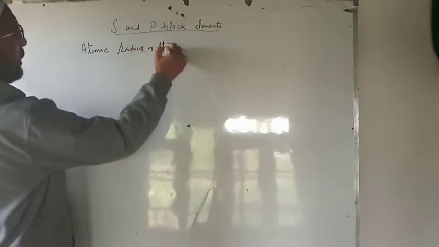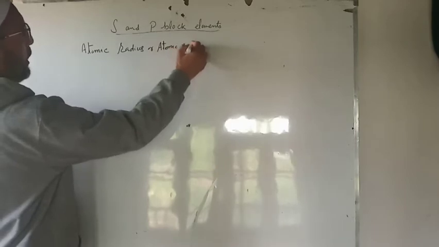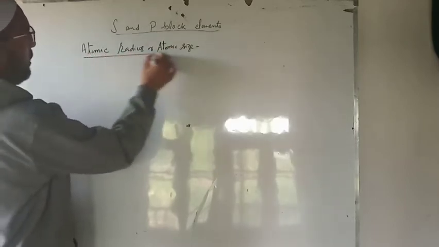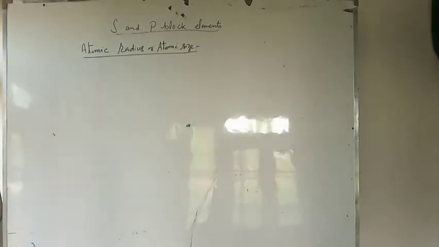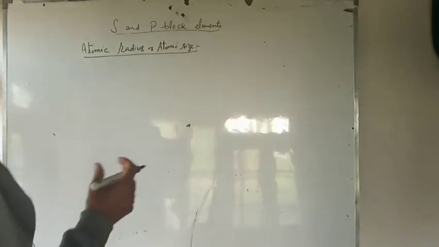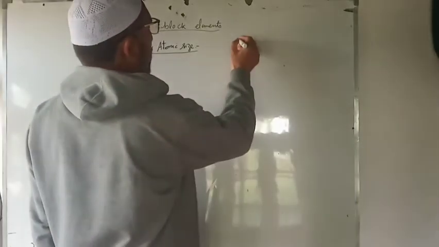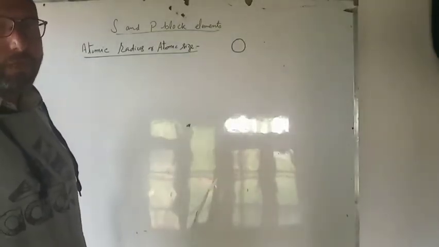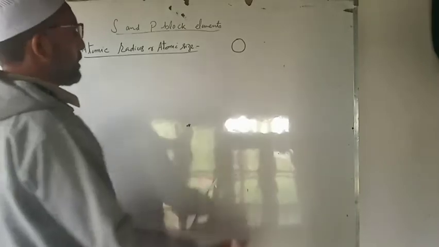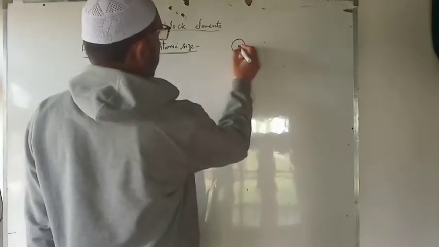Actually the property is atomic size, but this atomic size is explained on the basis of atomic radius. We know that atoms are generally considered to be spherical in shape. So, the size of a sphere is best expressed in terms of its radius.